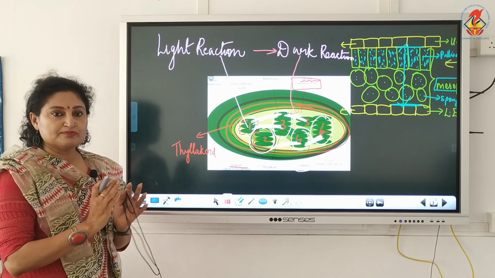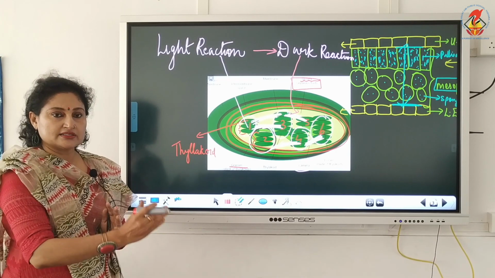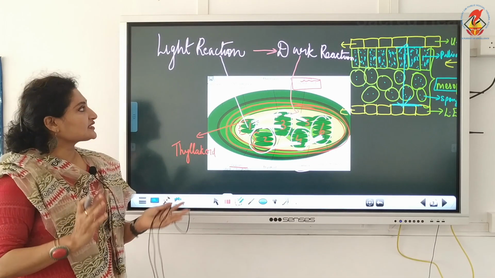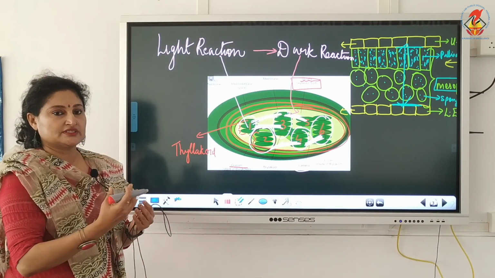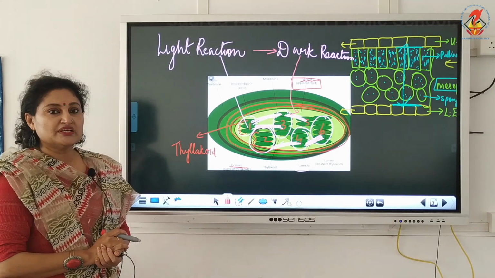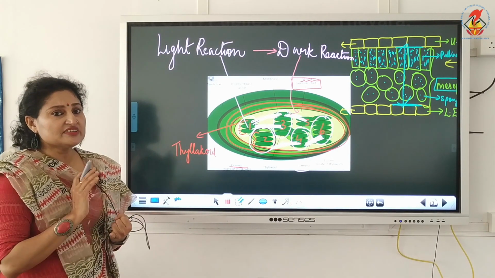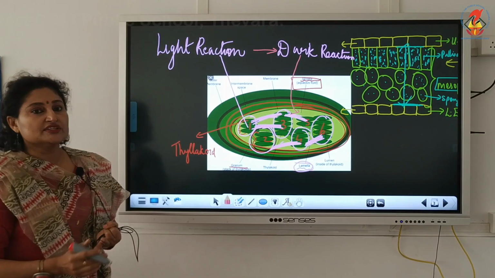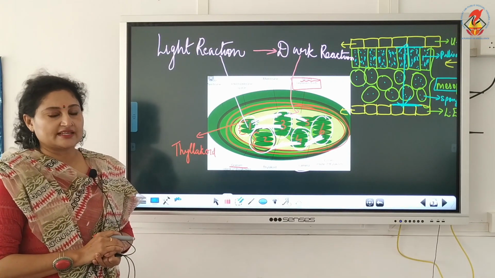For example, we say boy, when it comes to boy we say girl. Father, what's the next? Mother. Day, night. Husband, wife. So it makes a complete couplet if we give a name which follows it. And because the dark reaction immediately follows the light reaction, it is given the name dark. And the second reason why it is given dark reaction is that the dark reaction depends upon all the products of the light reaction.